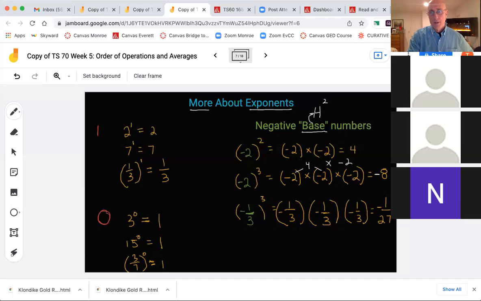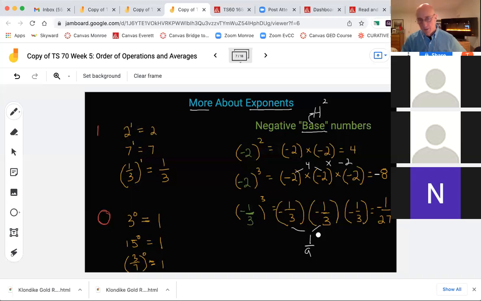And that's a negative times a negative. The first two negatives here, if I take these first two on the screen here, is 1/9. That's a negative times a negative is a positive. I'll write it down here, 1/9.